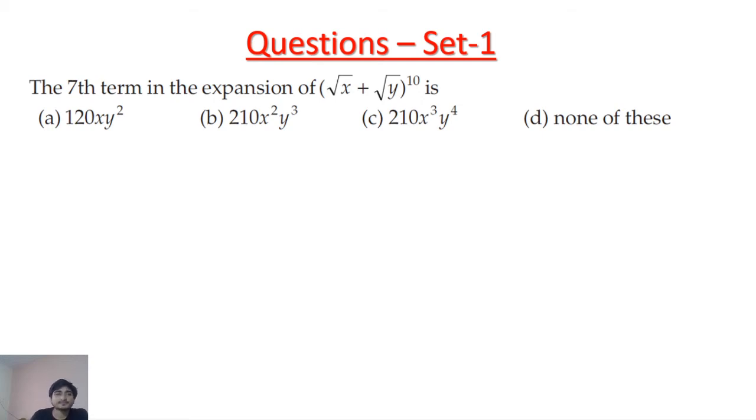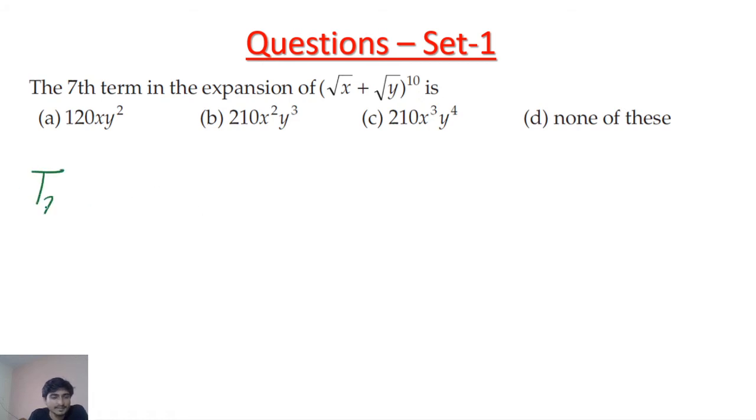Yes, can you tell me the answer? The 7th term in the expansion of root x plus root y to power 10.